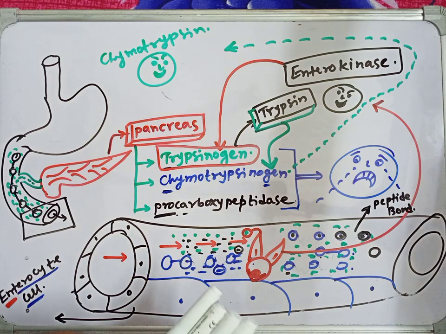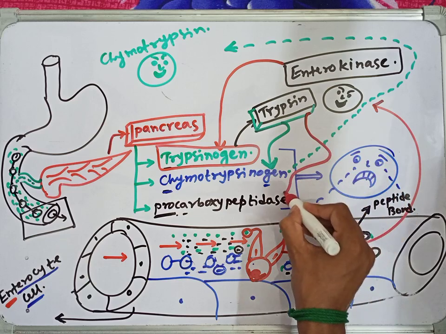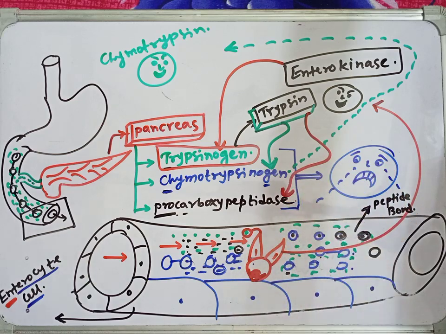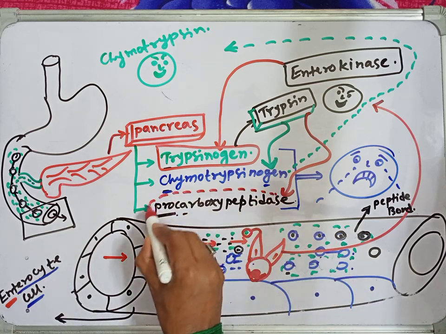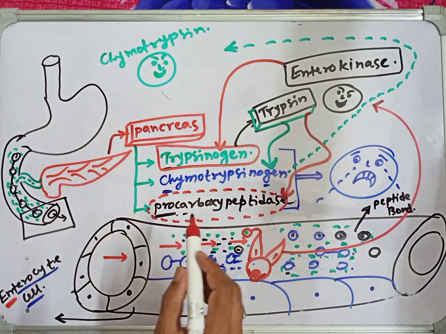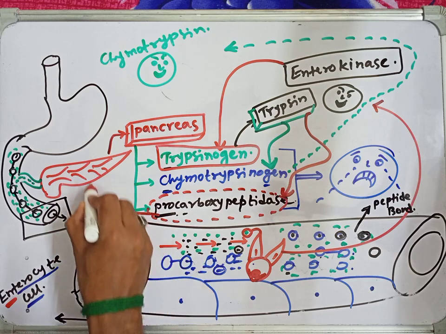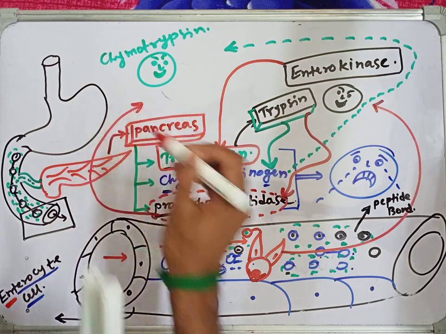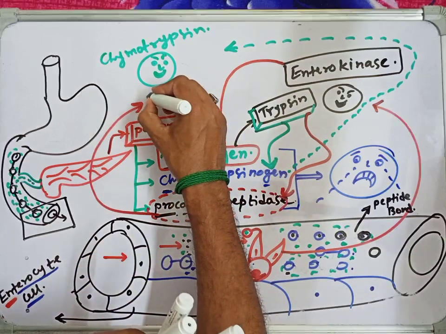And trypsin also acts on procarboxypeptidase, right? And when trypsin acts on procarboxypeptidase, then procarboxypeptidase is converted into carboxypeptidase.